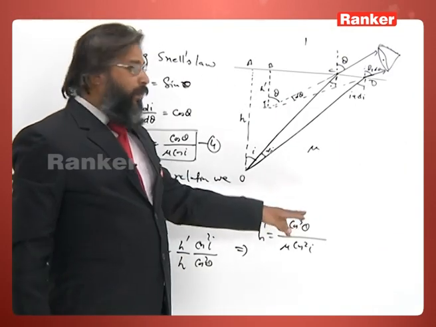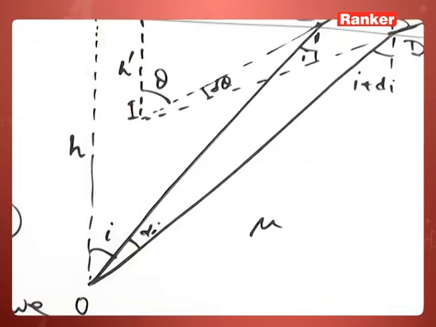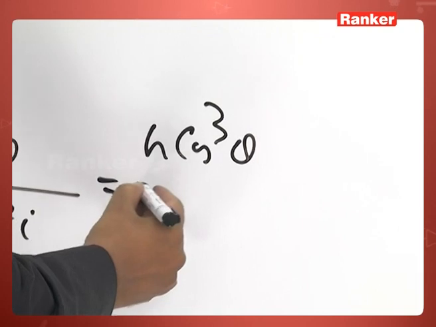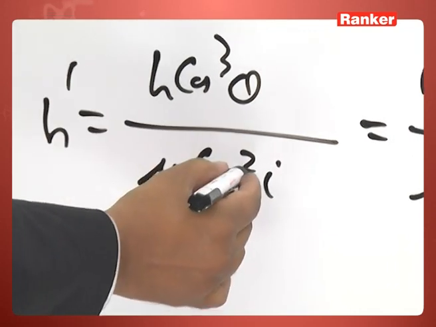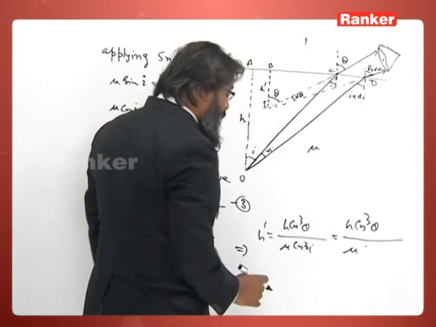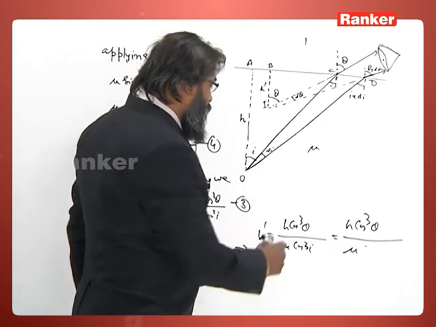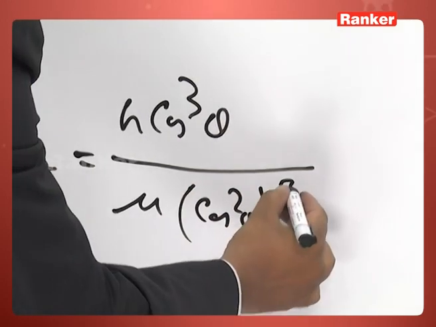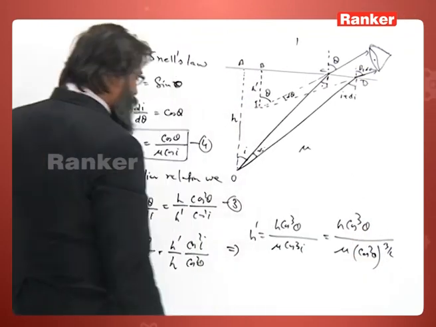Now theta is known, the angle of vision is known, we have to calculate I. So we will replace these by using this. So that will be further written as H cos cube theta upon mu cos cube I. Here I is unknown, theta is known, so we can replace cos cube I by (cos square I) to the power 3 by 2.